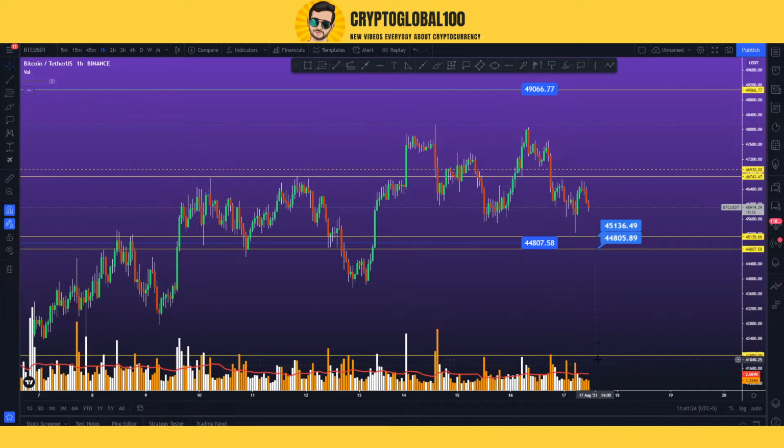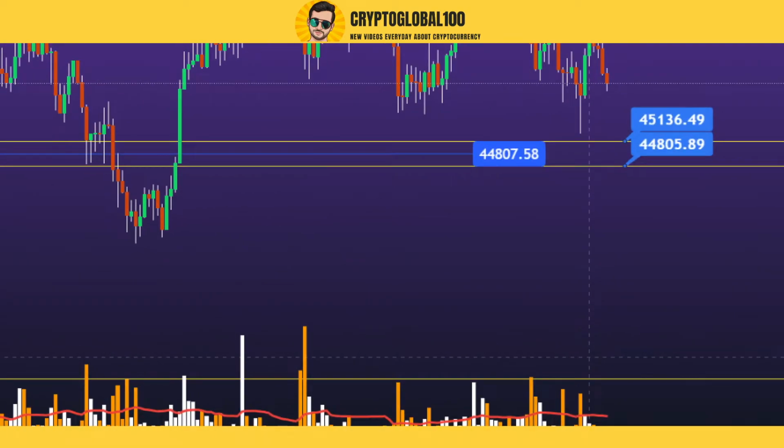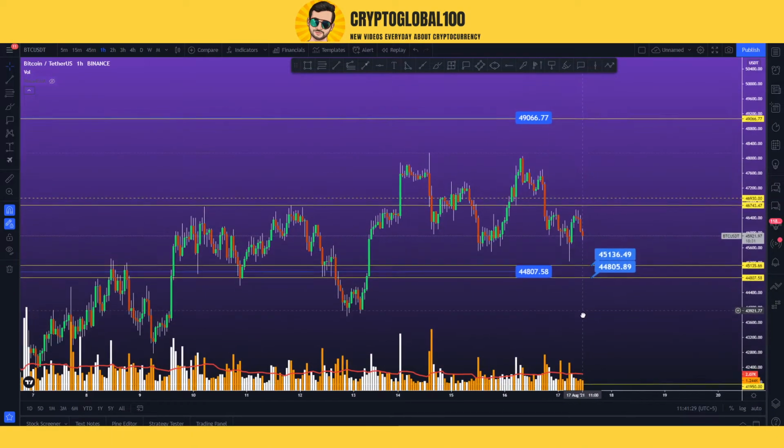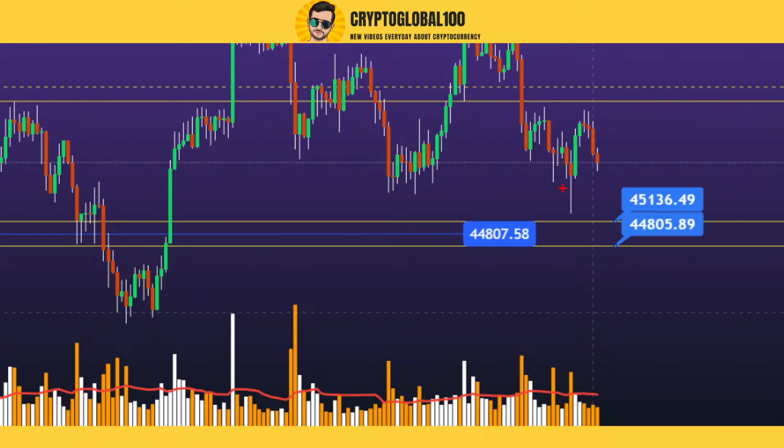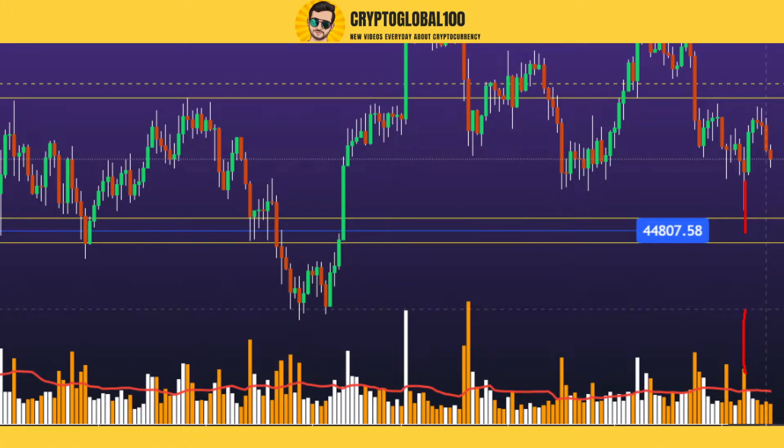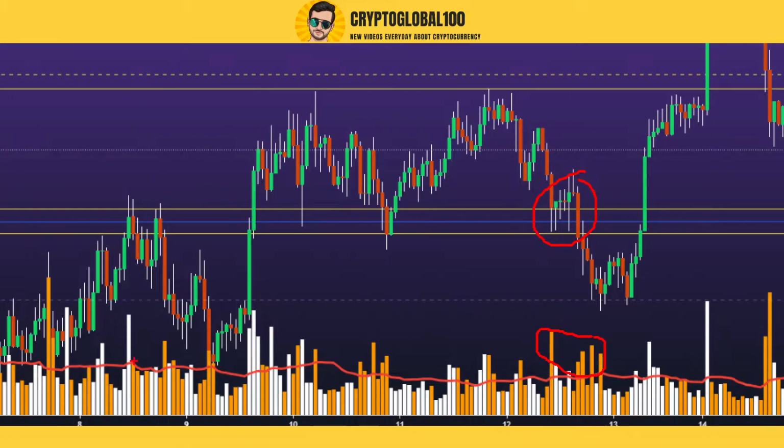Now let me show you with the help of the candles as well. What I'm going to show you is the volume bars and their corresponding candles. Just take a look at the corresponding candles with the volume bar. Now look at this area. When you look on the downside, we saw a spike in the volume. If I go back further, you see the volume was low here, the volume was low here, but wherever the price reached here, we saw a spike in the volume.